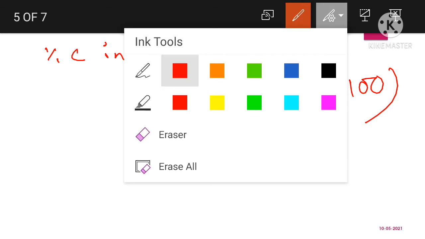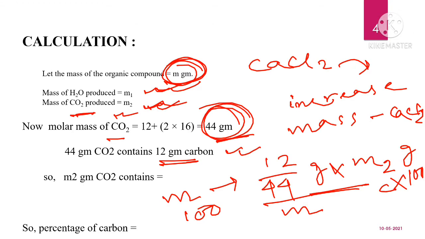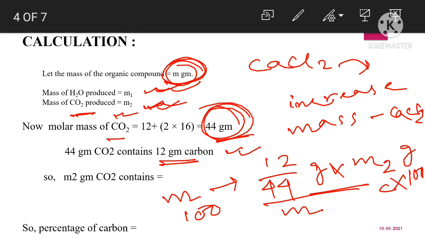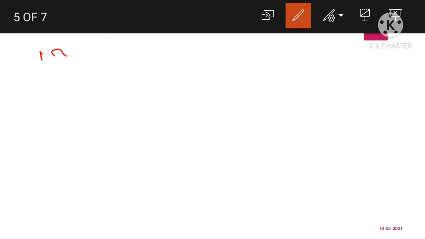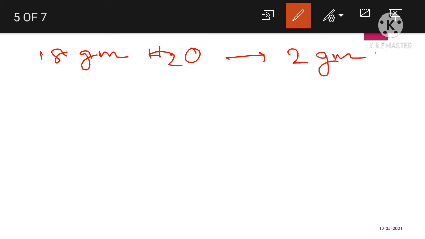In the same way, we can calculate the percentage of hydrogen present. Here the mass of the water produced is m1. The molar mass of water is 18, so 18 gram of water contains 2 gram hydrogen.